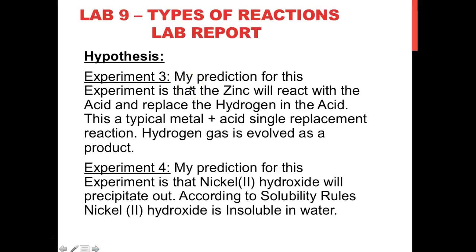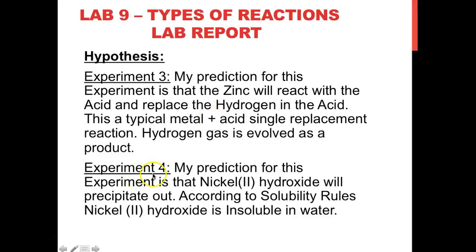For the third experiment, my prediction is that zinc will react and will be able to replace hydrogen in the acid. This is a typical metal acid reaction because metals dissolve in acid and usually hydrogen gas is evolved.